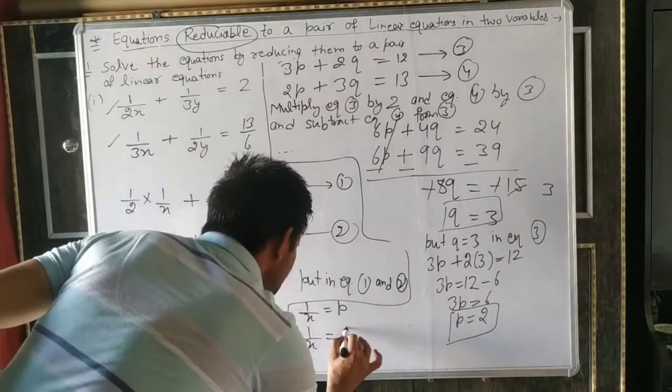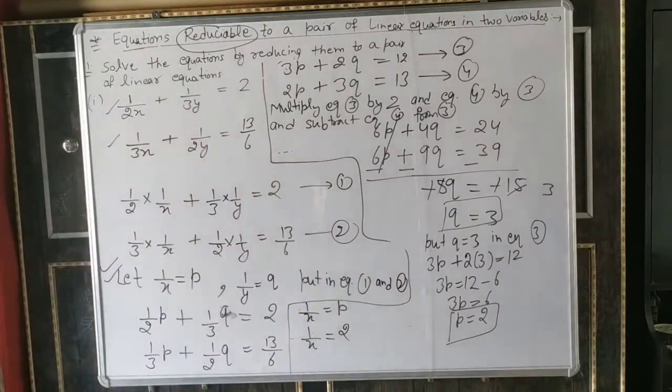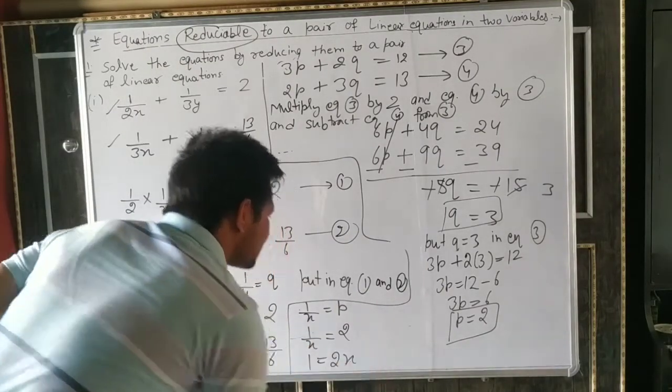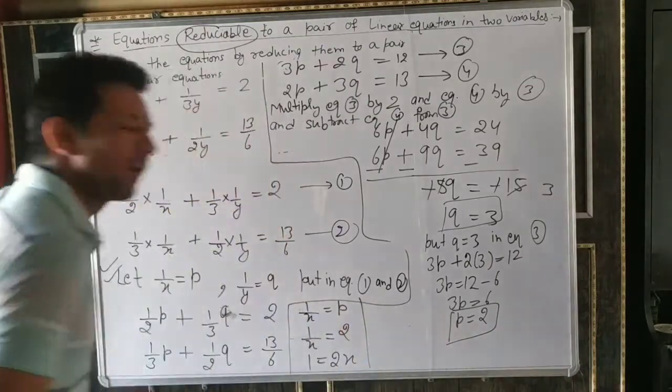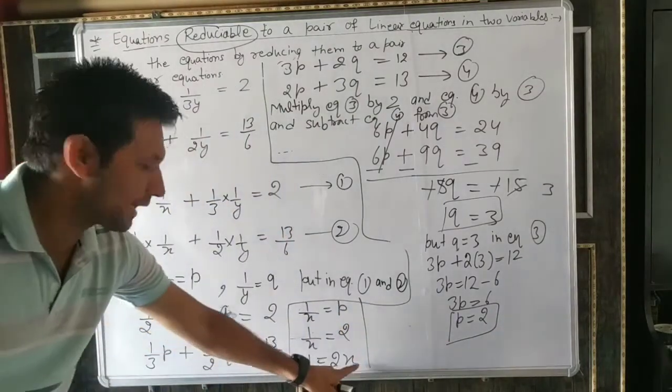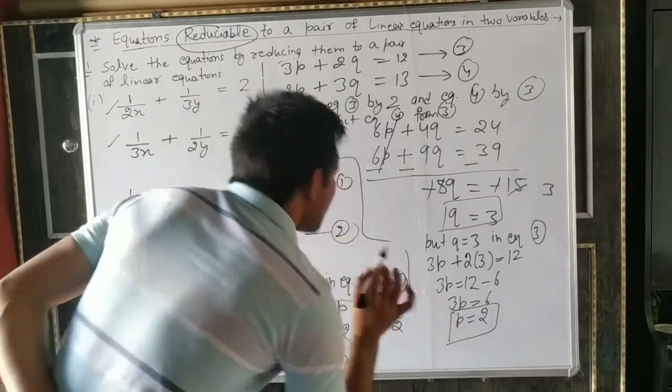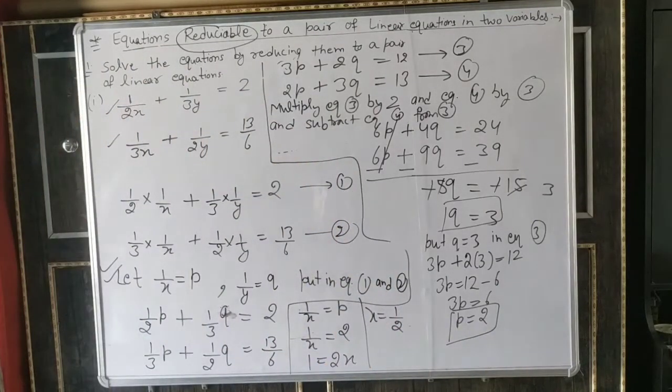P is 2. So cross multiply: 1 equal to 2x. But we want to find the value of x. 2 is multiplied here, on the other side divide. So x equal to 1 upon 2.